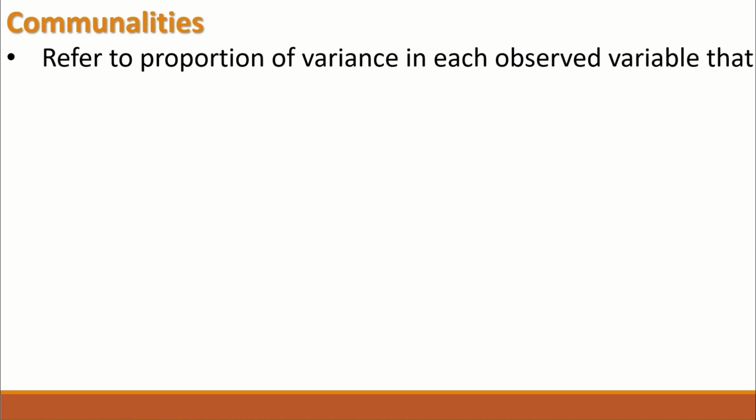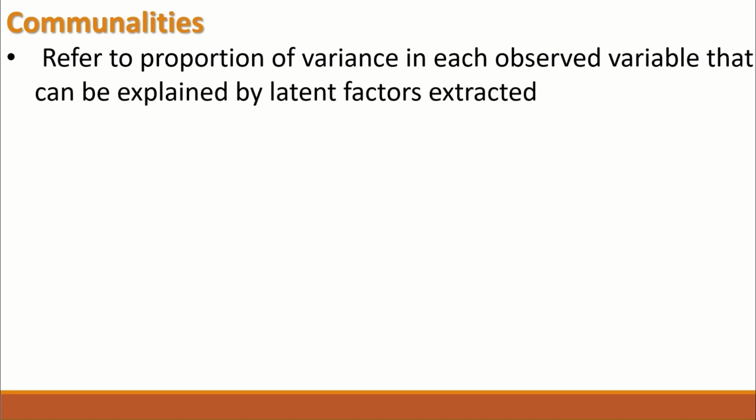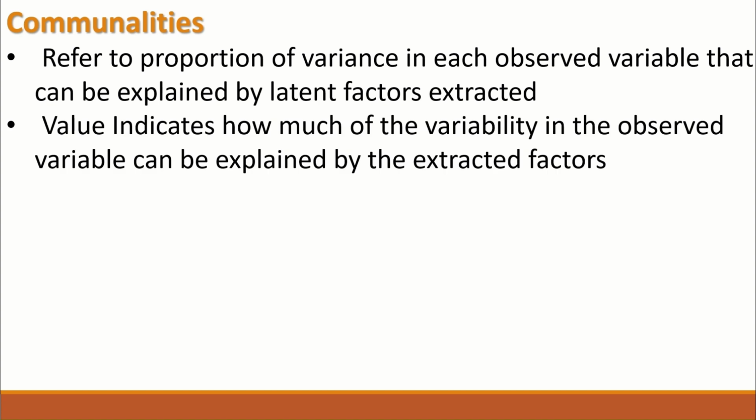What is also important that has to be checked and examined is a term called communalities, that is calculated post performing the EFA. Communalities refer to the proportion of variance in each observed variable that can be explained by the factor extracted, or the latent factor extracted.